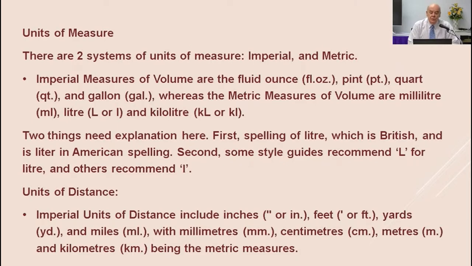For units of distance, imperial units of distance include inches, which are represented by the double quote or IN, feet, single quote, or FT, yards and miles, with millimetres, centimetres, metres and kilometres being metric measures.